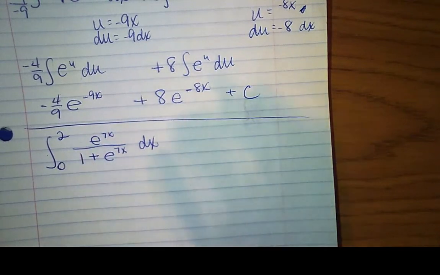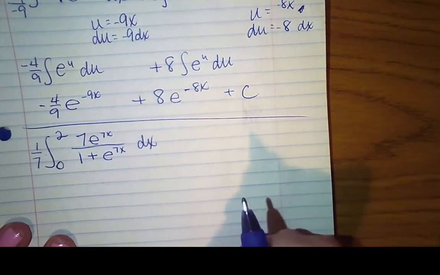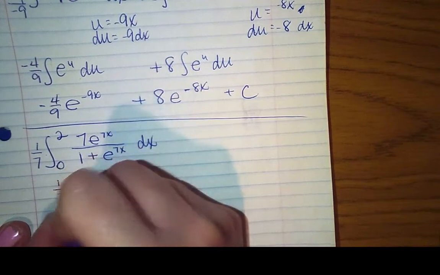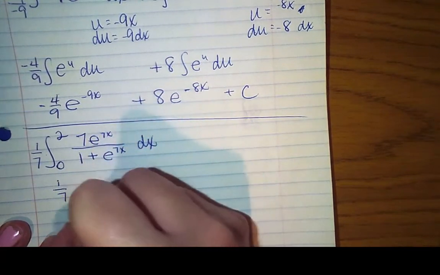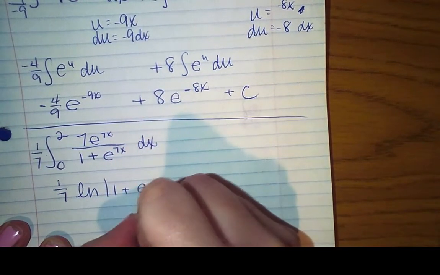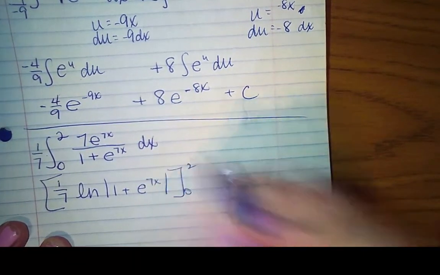Okay, so I can go ahead and take this times 7, balance it with a 1/7, and now this naturally goes to, if the derivative of the bottom is in the top, the integral becomes the natural log of the bottom. So 1 plus e to the 7x. But we're going to take this and go from 0 to 2.